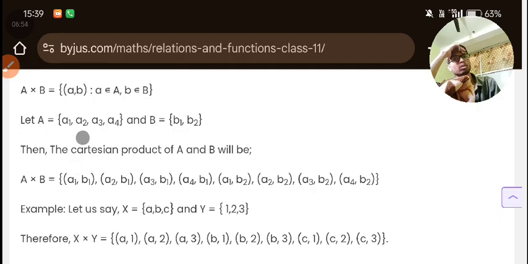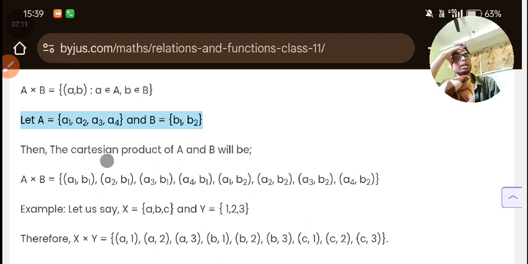Let A, here, in this set we have 4 elements: a1, a2, a3, a4. In this set B we have 2 elements: b1, b2.